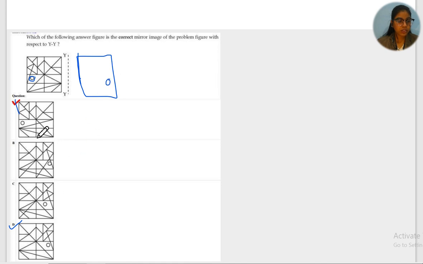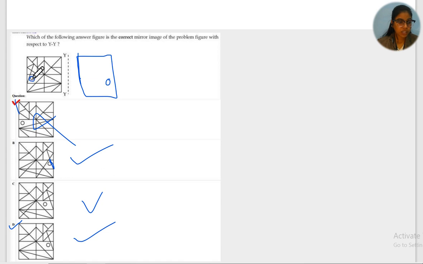Now look at the options given to you. Option A is on the left. This is wrong. In B, C, and D, it is given on the right side. So there might be chances for these options. After that, look into the position of your circle. Here, the circle and this line are both touching each other, which is not the case over here.